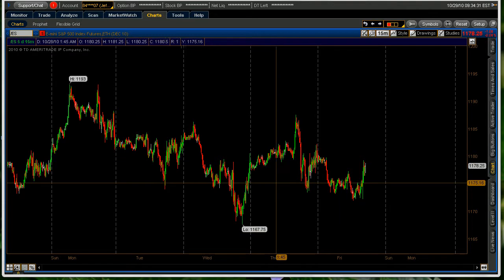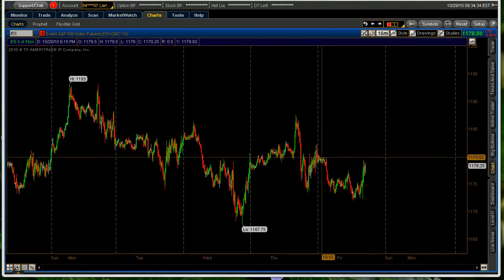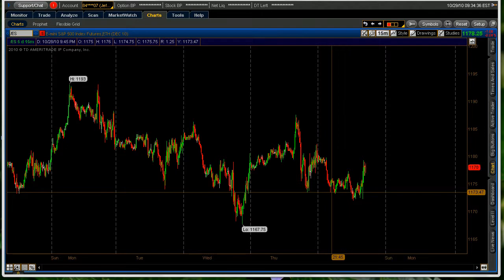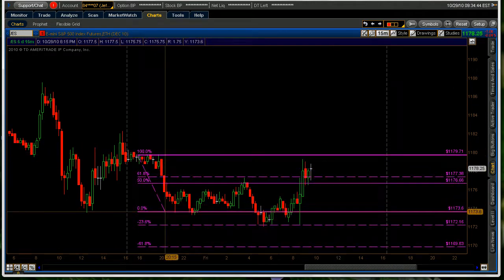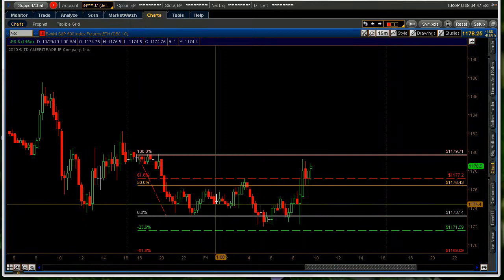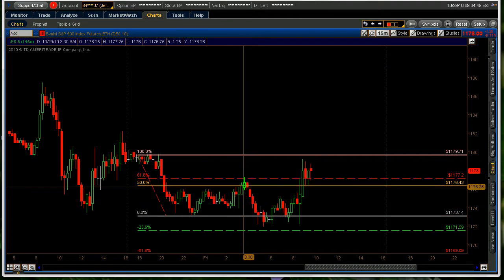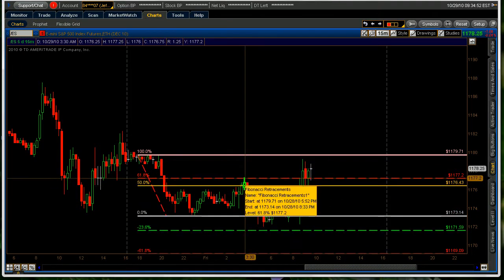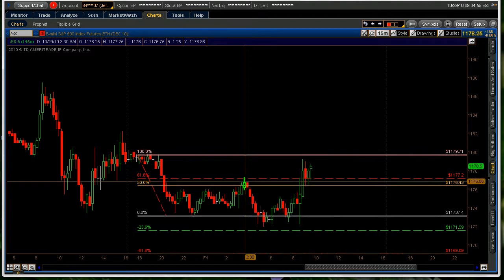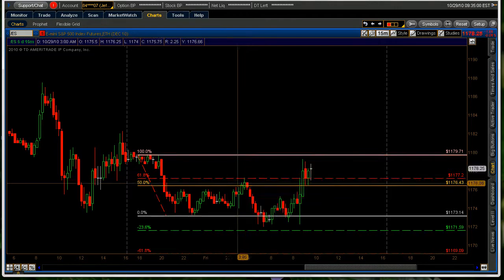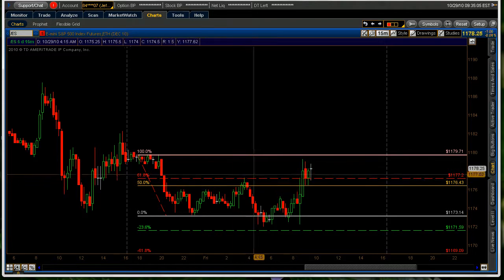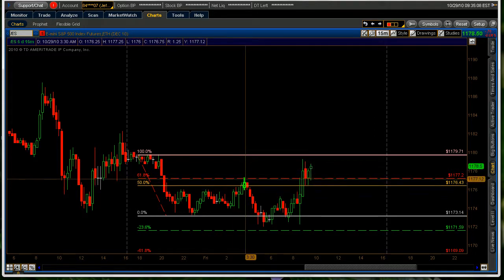As you can see, the market sold off violently after the close, and I really contemplated getting involved at this short. Right here, it came up to test the 61.8% line, and at that point it tells me that the short, this 50% line that hasn't been respected, is weak, and I decided not to take that trade.